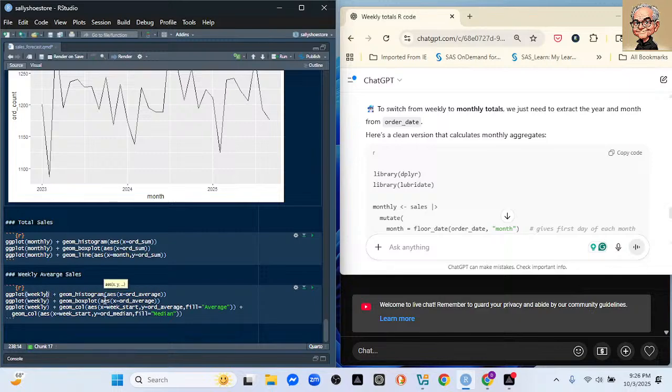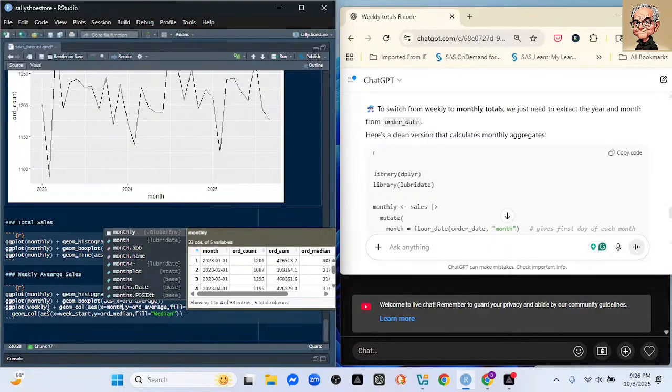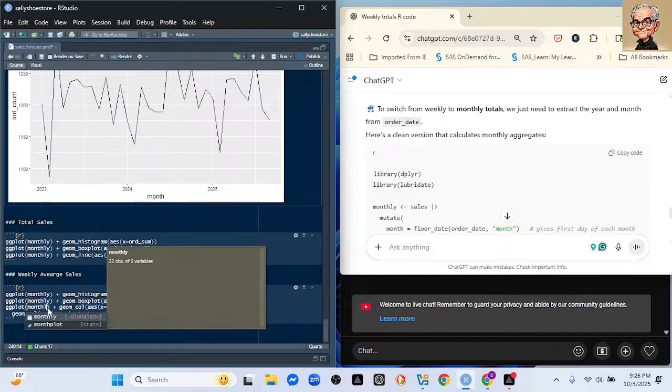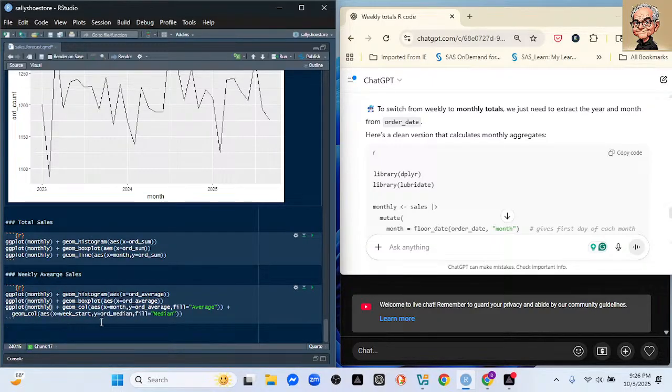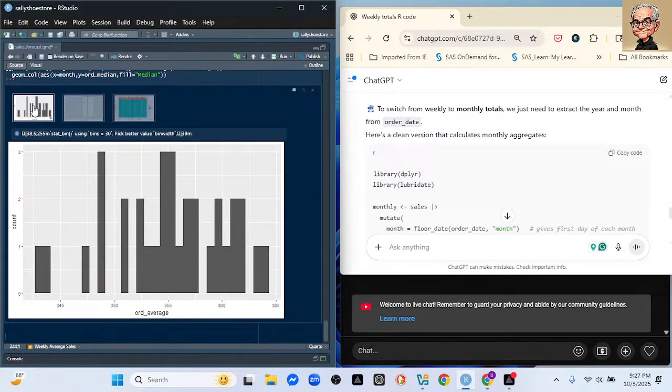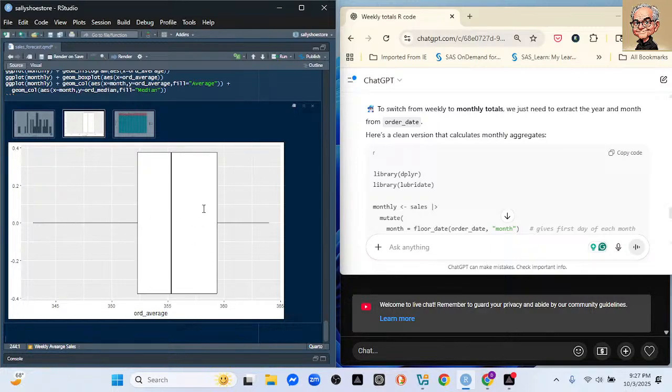We can come back and we could add a, okay, so look at average sales now. This looks pretty nice. We got a big tail over here, but there's no outliers.